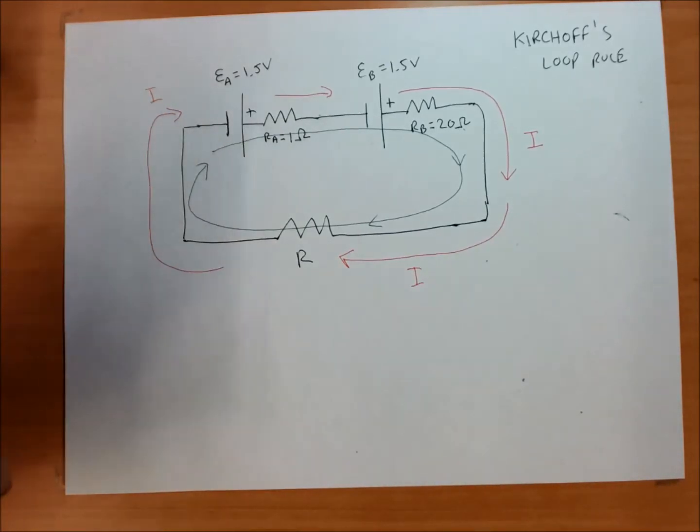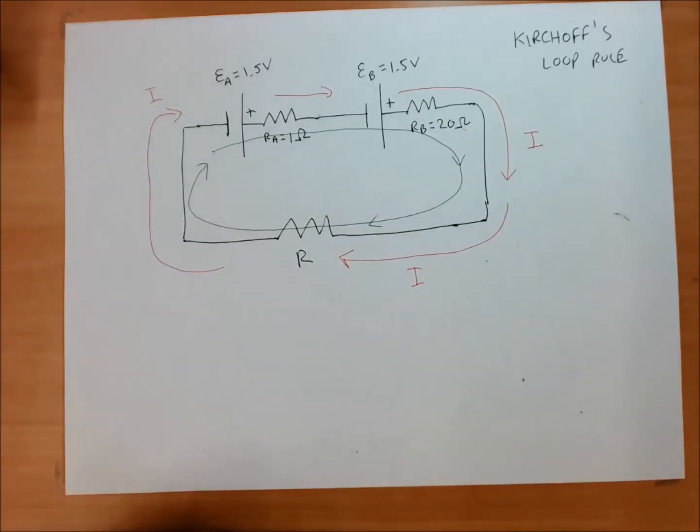So going against the current through a resistor makes for a voltage boost rather than a voltage drop. And if you go backwards through an EMF from positive to negative instead of negative to positive, that will give you a negative voltage change, which would be like a voltage drop.